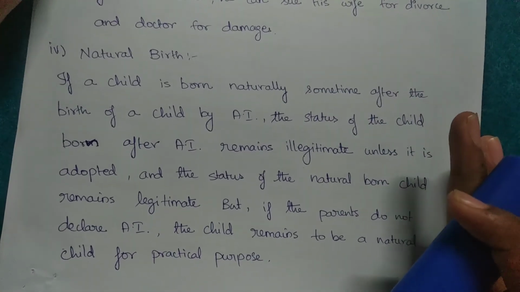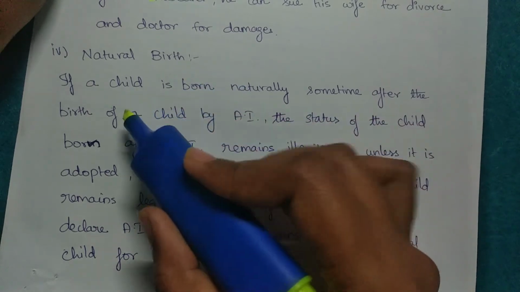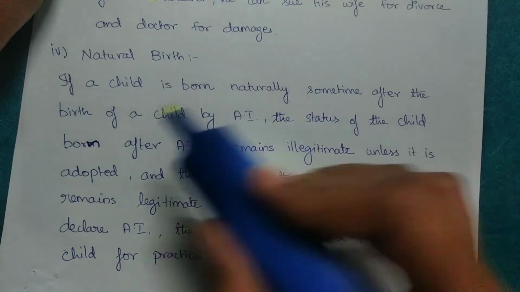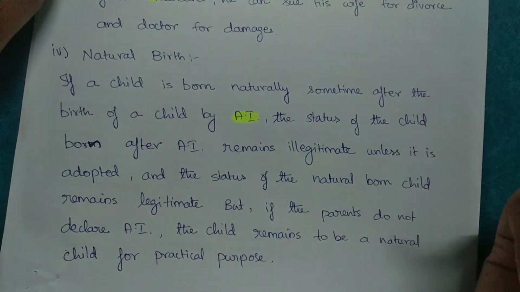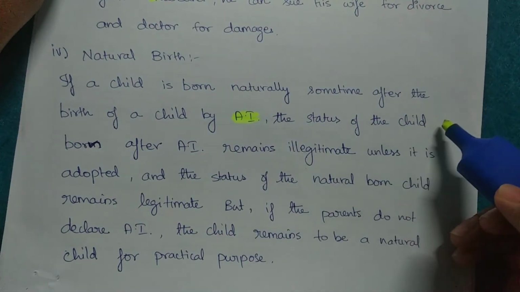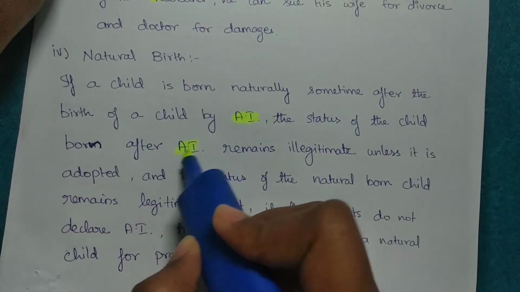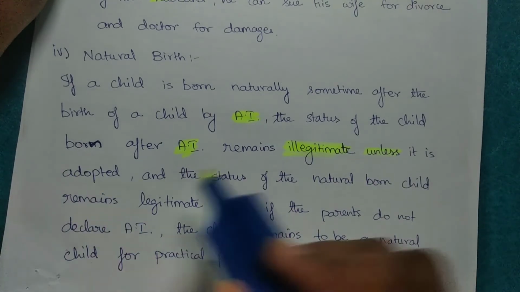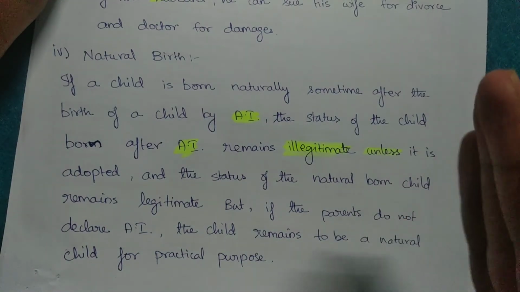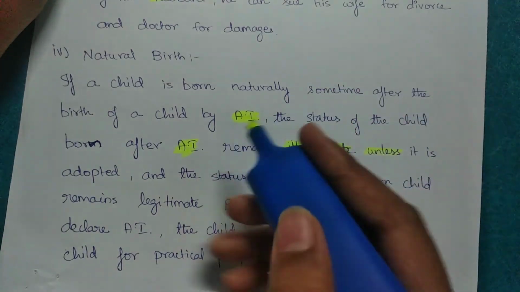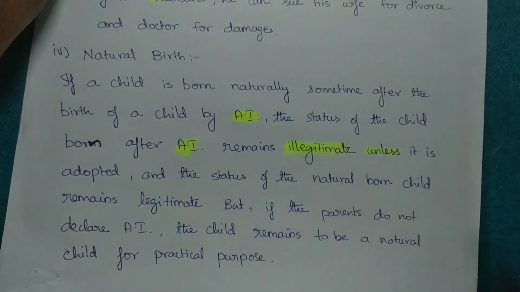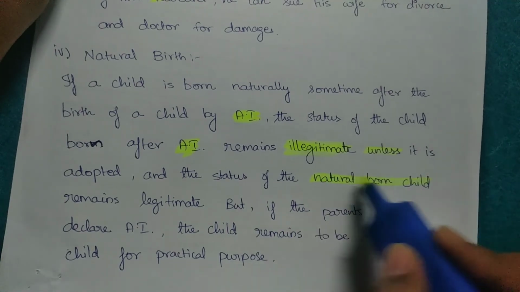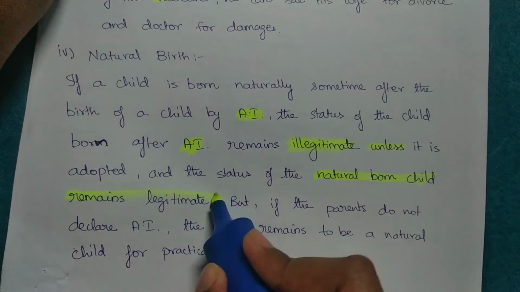Then coming to the next legal problem, natural birth. If a child is born naturally after the birth of a child through artificial insemination, the status of the child born after insemination remains illegitimate unless it is adopted, and the status of the child that was born through natural childbirth remains legitimate.